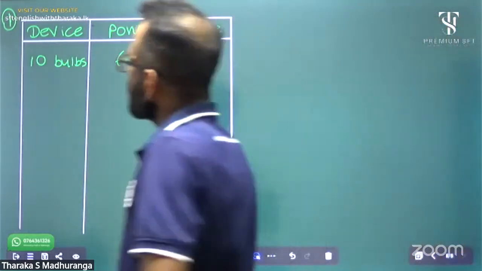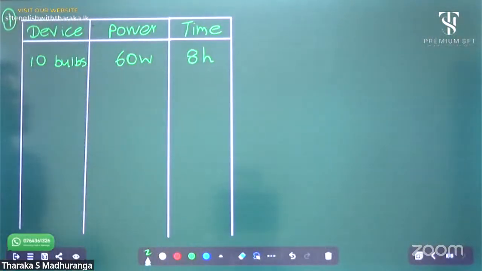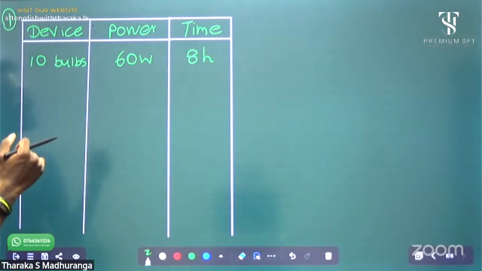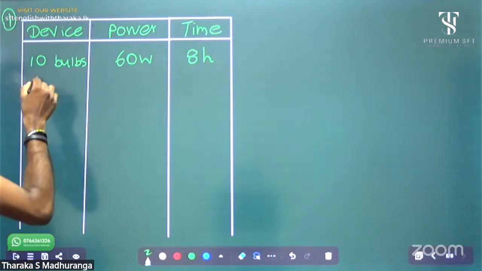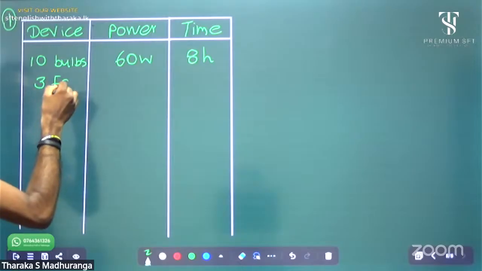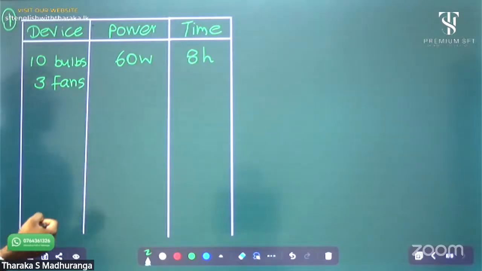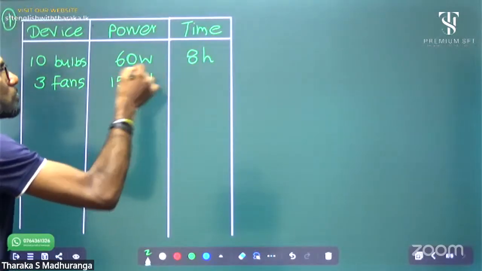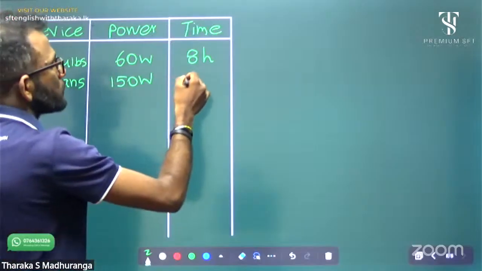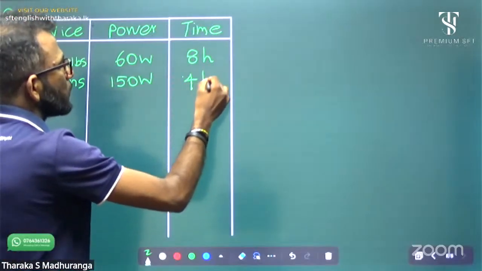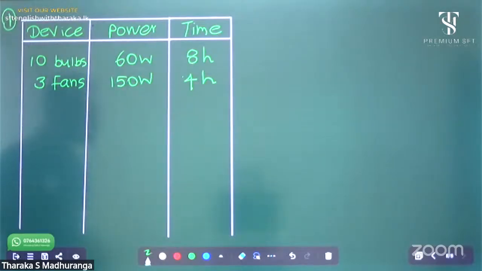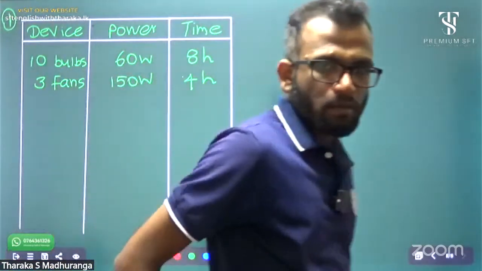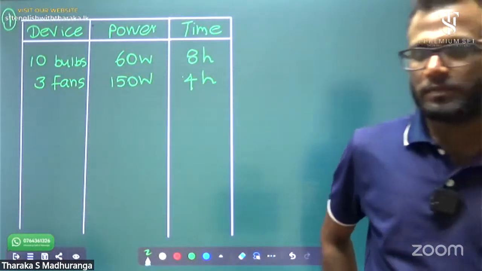And the house has 3 fans, 150 watt each. They use them 4 hours per day.